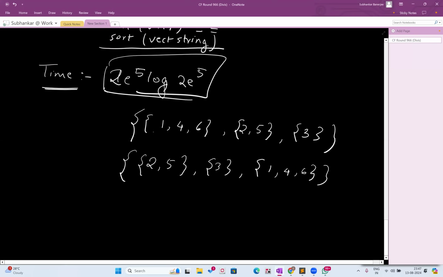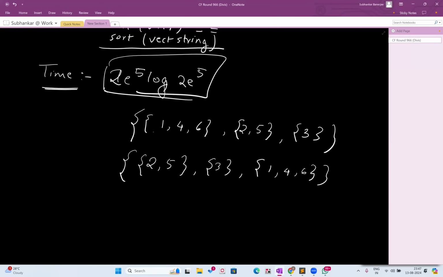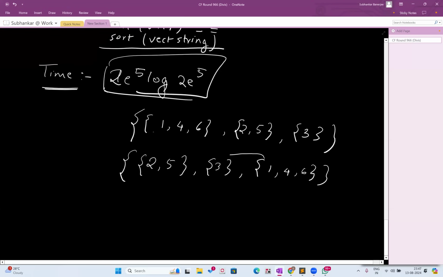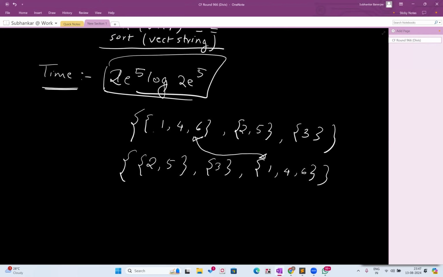So basically, if we rearrange the elements, then they're equal. If I directly compare these two vectors, they are not equal because element-wise they differ. But when we sort, the order of the elements will be the same.